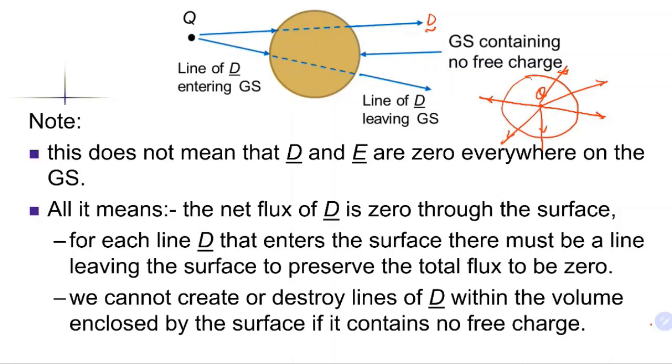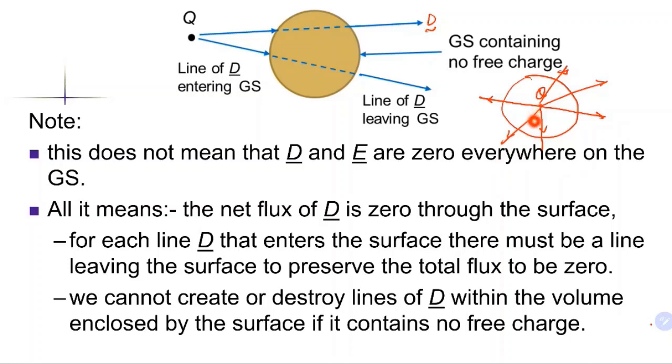So that's the difference. It's not to say that there's no electric field at this point here just because it doesn't enclose charge. Electric field is still present. It's just that the net flow of flux through that surface is 0. So the amount going in is the same as the amount coming out.